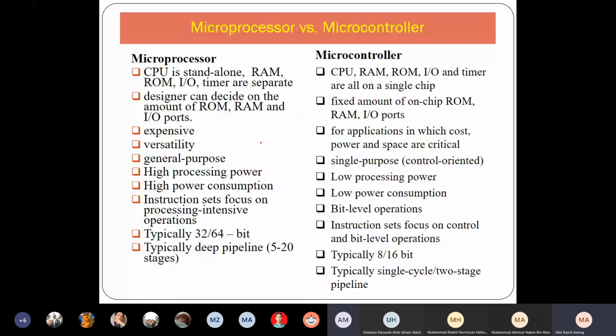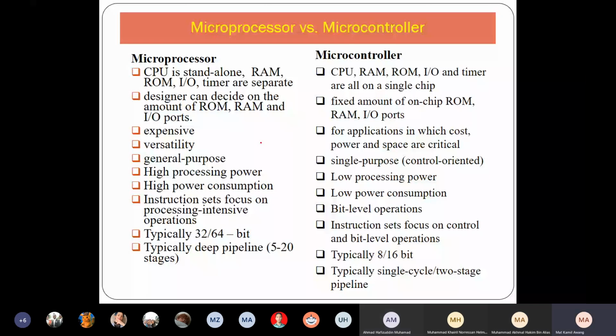Depends. If it says Intel inside, microprocessor. Your notebook is microprocessor.